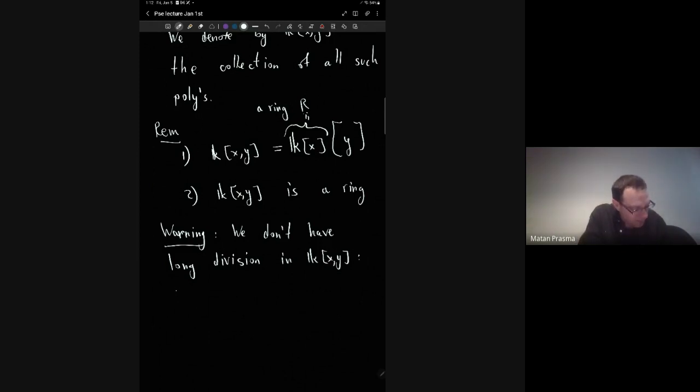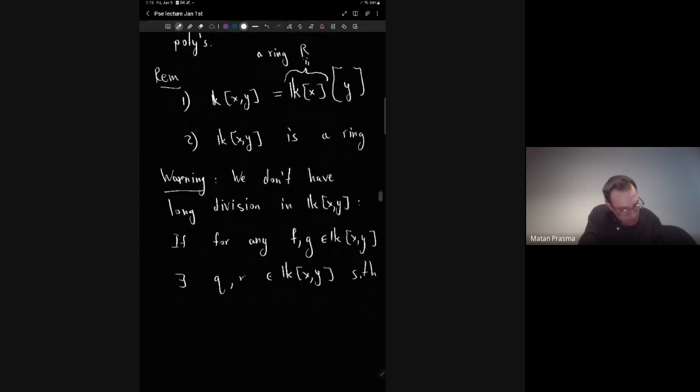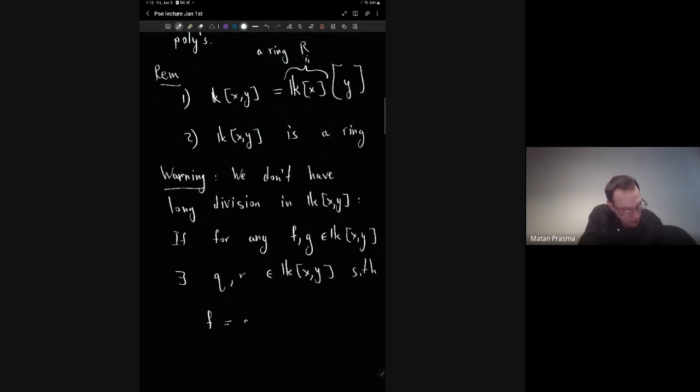That is, if for any f and g in K[x,y], we had polynomials q and r in K[x,y] such that I can write f as gq plus r, with the degree of r strictly smaller than the degree of g. Right? That's long division.